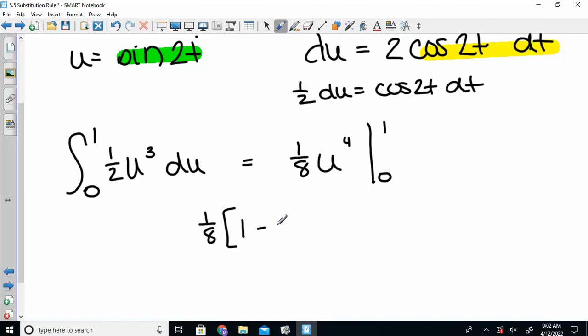One to the fourth is 1, minus 0 to the fourth is 0. We get 1/8. Questions on this?